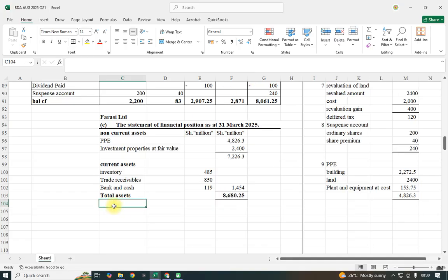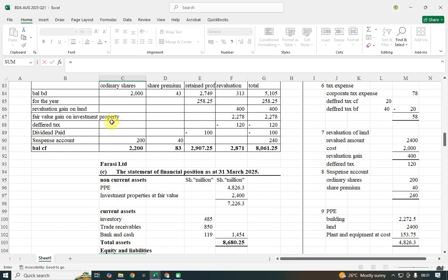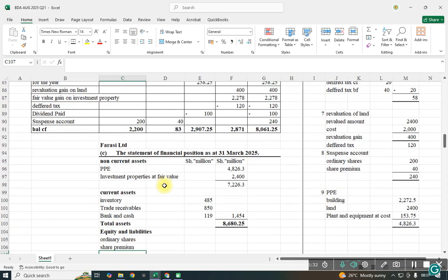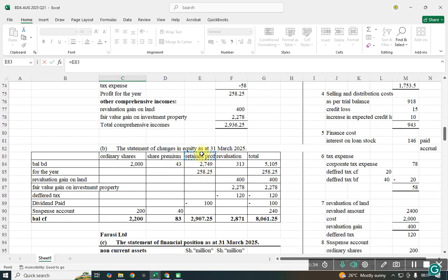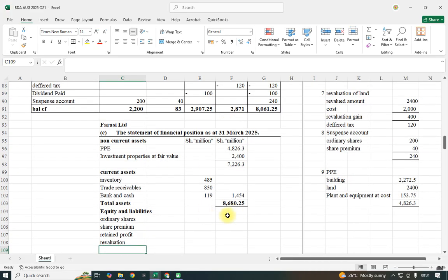Then we go to equity and liabilities. For the equity and liabilities, we just paste what we have in the statement of changes in equity. So we had ordinary shares, share premium, retained earnings, the revaluation reserve and the total.